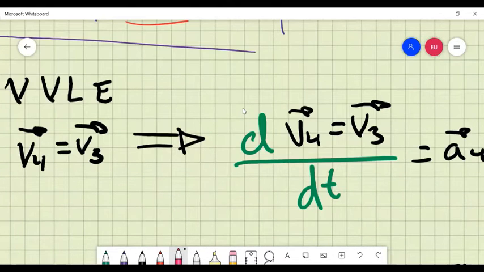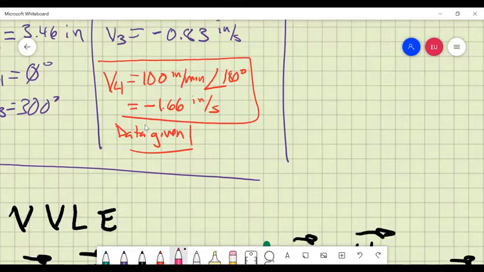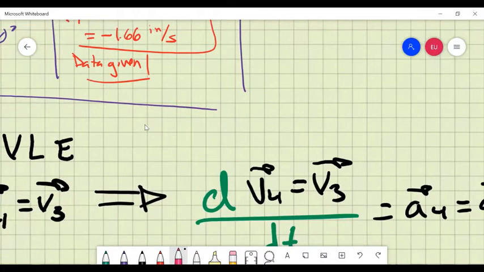This data given by the problem doesn't say if it is changing with respect to time or not. If there is no information regarding how the input velocity changes, then we assume it is constant. And if the linear velocity is constant, what is going to happen with the linear acceleration? 0. It doesn't exist, exactly.